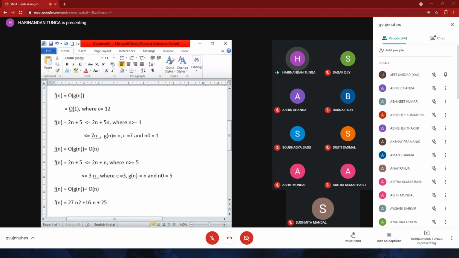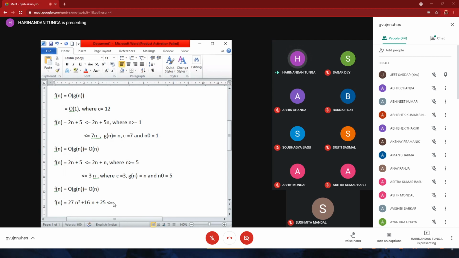This is the given equation, express in terms of big O notation, and also find the value of c and n0.